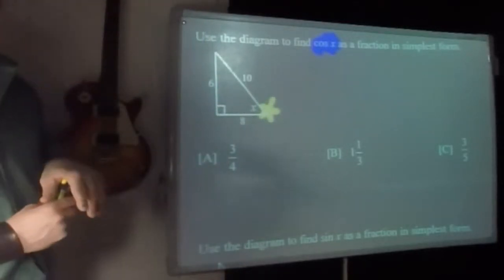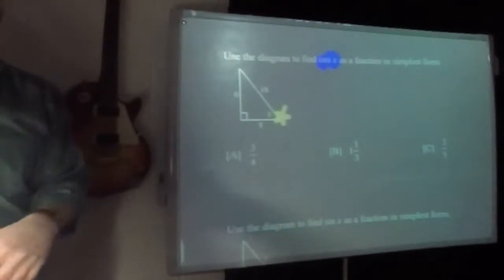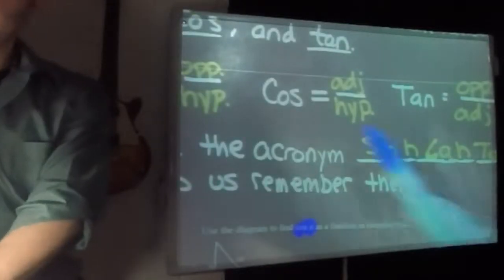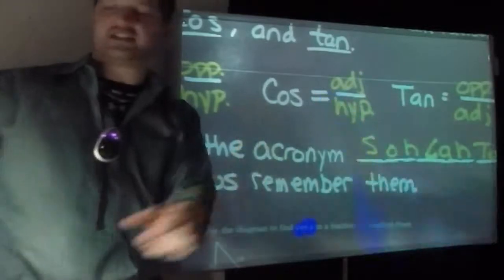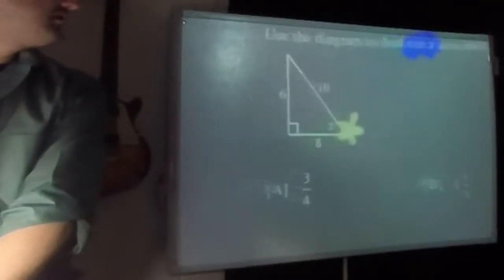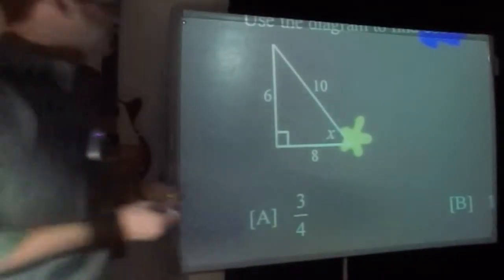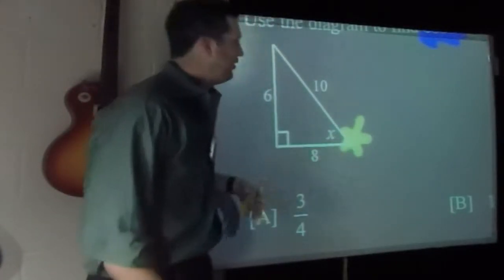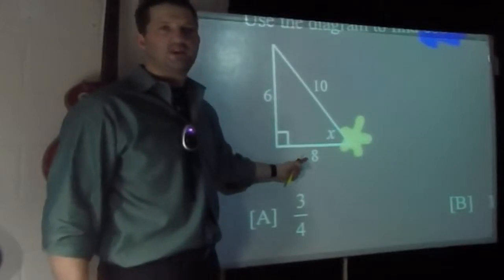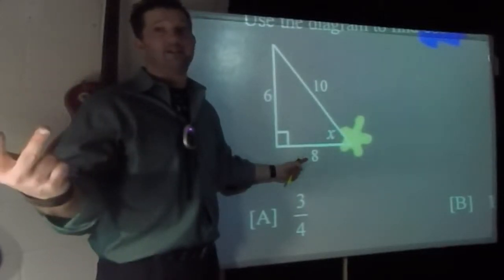It says cosine x. What ratio is cosine? Adjacent over hypotenuse. We're making a fraction, adjacent over hypotenuse. Now, let's label these three sides from this angle. Do you think this one is opposite, adjacent, or hypotenuse?